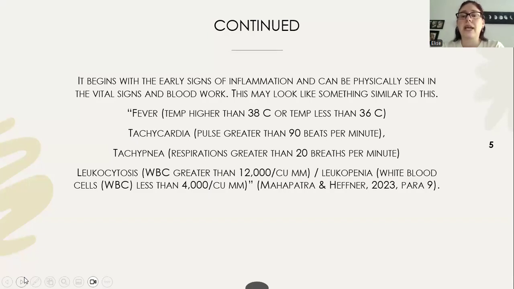Tachycardia, pulse greater than 90 beats per minute. Tachypnea, respirations greater than 20 breaths per minute. And leukocytosis, your white blood cells greater than 12,000. Leukopenia, which is low white blood cells, is less than 4,000.